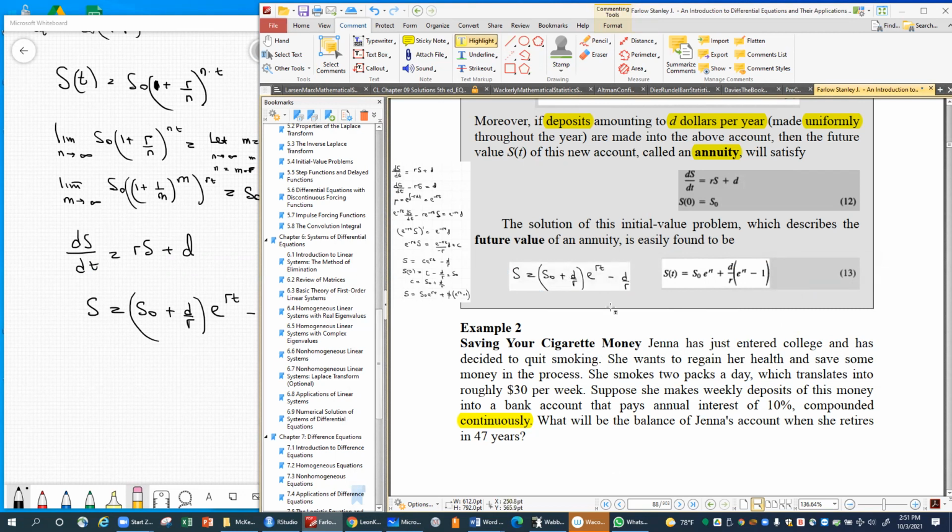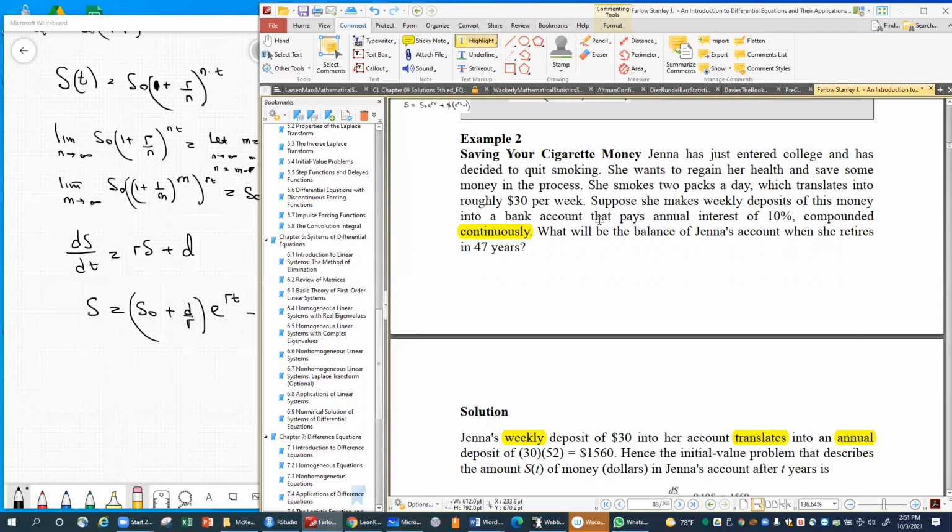So let's apply it. There are some interesting practical problems, like what if you stop smoking. God forbid smoking, that's a dangerous habit for your lungs. But what if you quit smoking? Say Jenna entered college and quit smoking. She smokes a pack a day, 2 packs a day. Oh, that's not good. Which translates into about $30 per week.